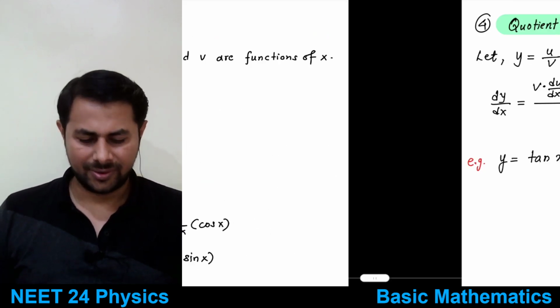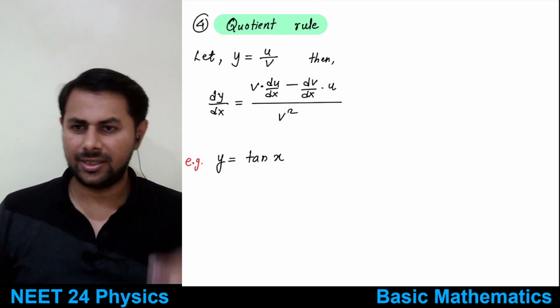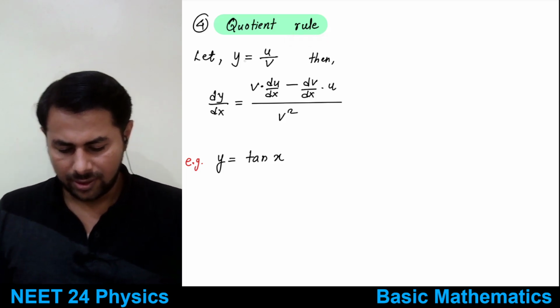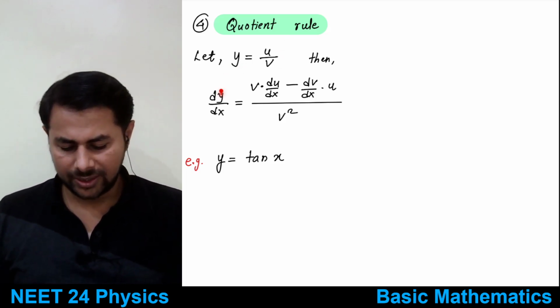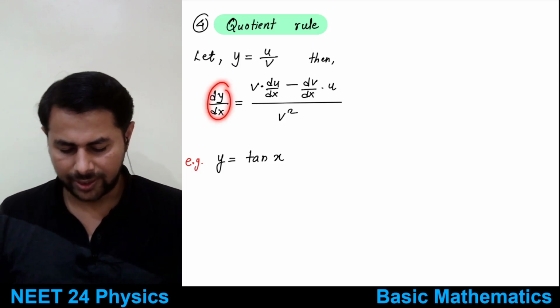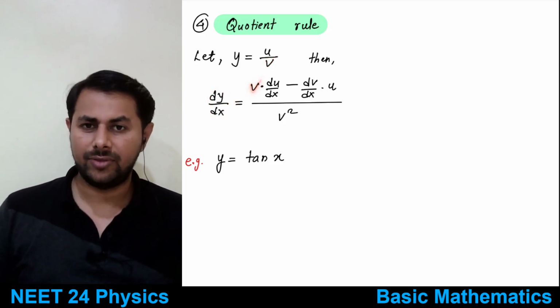Good. All right, next is the quotient rule, or division rule. Y is equal to u upon v, where u and v are functions of x. Then what is dy by dx? The quotient rule says you start with the denominator.